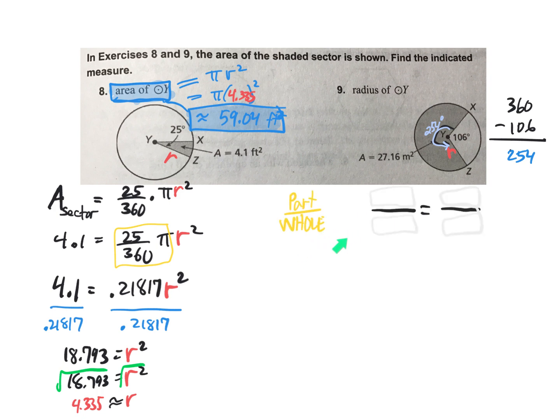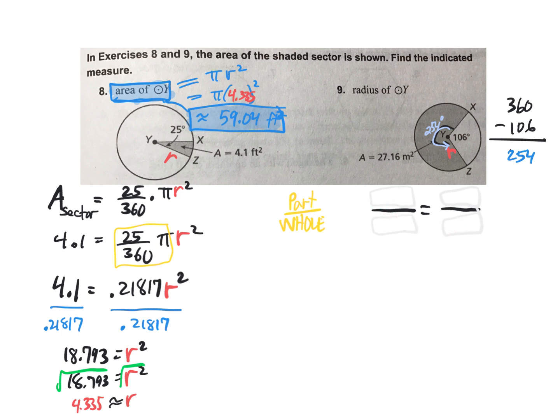We can, if we prefer, think of all these problems as proportions, where we have a ratio of part over a whole. Part over a whole for central angle, like 254 divided by 360. Part over a whole for arc length, so this arc divided by the entire circumference. Or part of a whole for area, like the area of this region divided by the area of the whole circle.